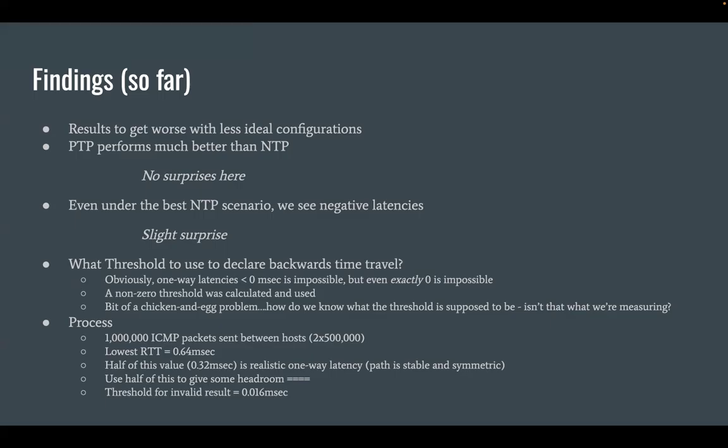I divided that in half for a one-way latency. And just to give myself some headroom, I cut that in half and used a threshold of 0.016 milliseconds. So any packet that was less than that value was considered impossible and invalid.